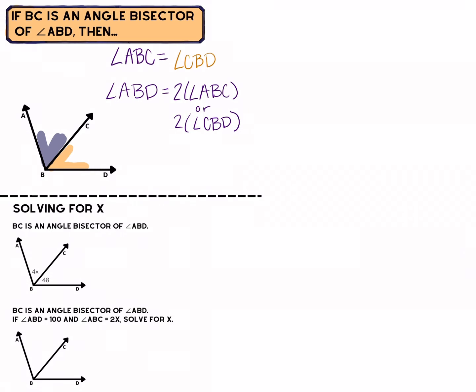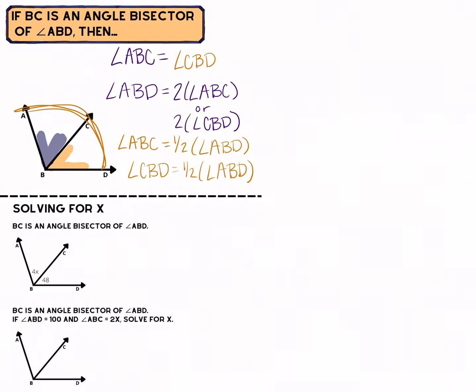Or we can also write this as angle ABC is half of the big angle ABD, and angle CBD also equals 1/2 of the big angle, because 2 halves make a whole.